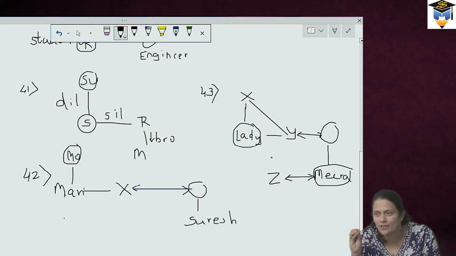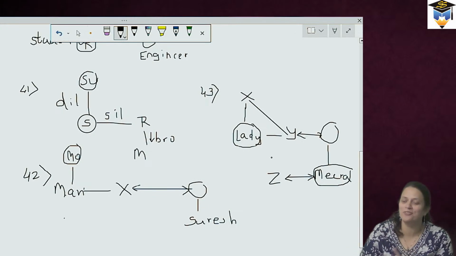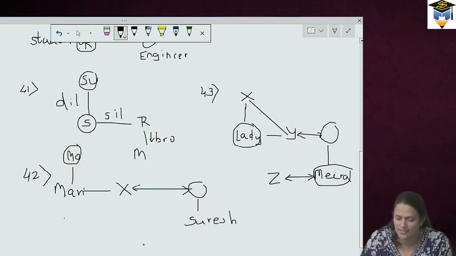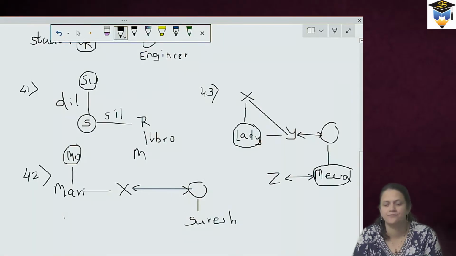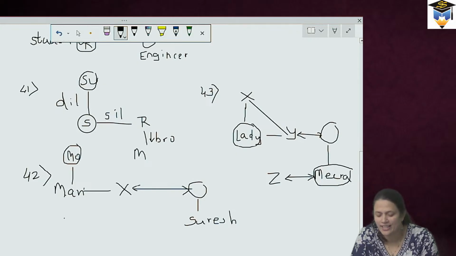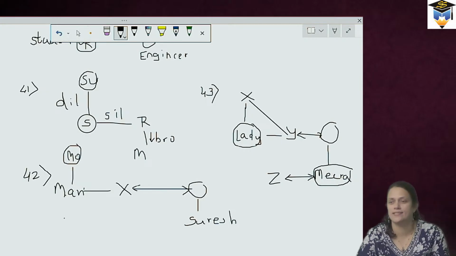So Meera's husband will be the nephew to the lady. So the option is 43rd, nephew, A. They say you have to read between the lines in order to come to the answer.